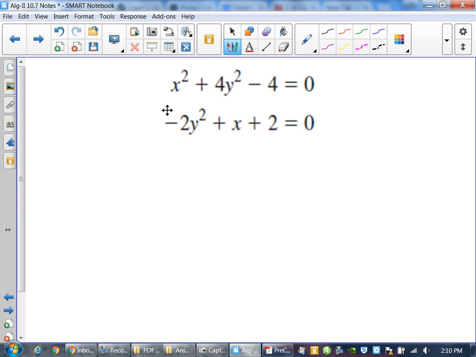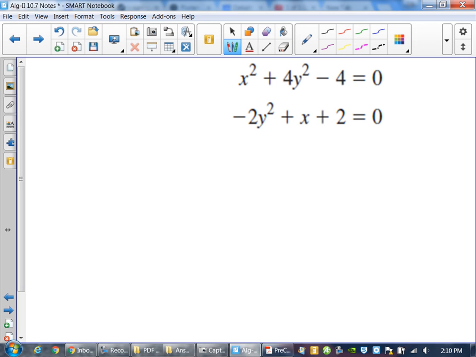In doing so, all we have to do is move the -2y squared and the +2. So I can say that the second equation is the following. X equals 2y squared minus 2. Everybody okay with that? So now I can substitute this value of x here, and then I only have one variable to worry about, y.